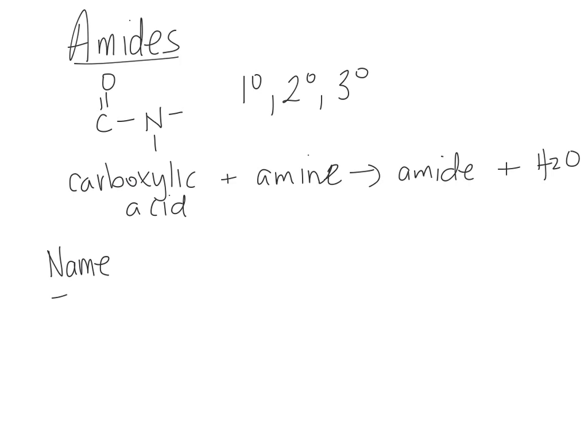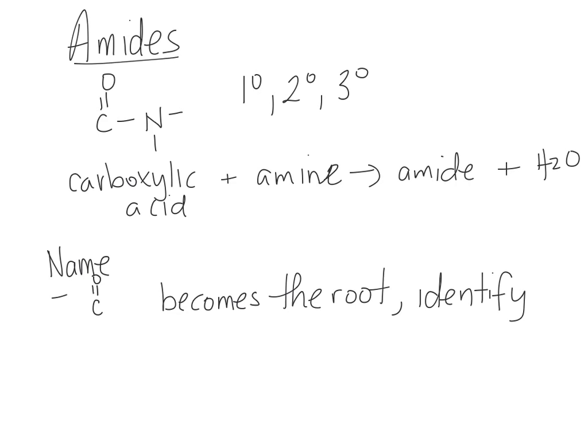Okay, so to name, identify the portion containing the carbonyl group, and this becomes the root or the parent chain. This portion of the amide becomes the root. So to name this portion, identify the length of the carbon chain, and if this was an alkane, remove the E and add amide.